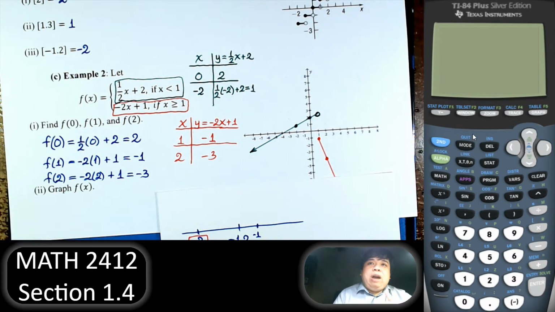True has the value of 1 and false has the value of 0. I can test real quick. Say, is 5 greater than 6? The answer is no, so the calculator gives us 0 because that's false. Now, is 5 greater than 2? The answer is yes, so the calculator gives us 1 because it is true. If it's true, it is 1. If it is false, it will be 0.